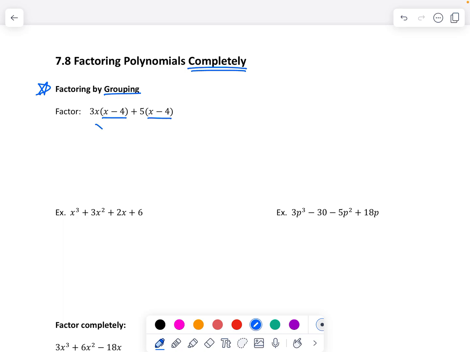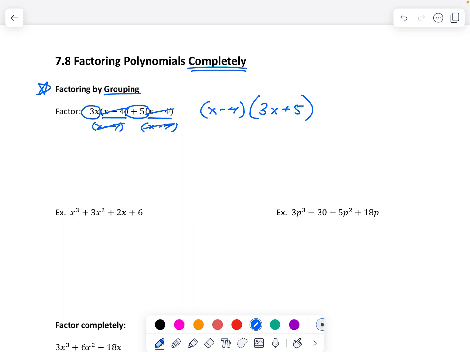So we're going to divide each part by that greatest common factor, and bring that greatest common factor out. If we take that out, then what's left is 3x plus 5. So 3x plus 5, and there we go. That is now completely factored into parentheses.